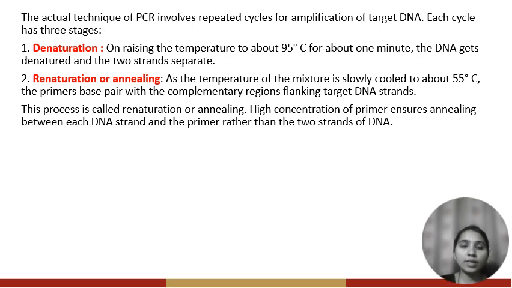In the next step, that is the renaturation or annealing, the temperature slowly cools down to 55 degrees Celsius, and the primers base pair with the complementary regions flanking the target DNA strand. So this process is called renaturation or annealing. A high concentration of primer ensures the annealing between each DNA strand and the primer rather than between the two strands of the DNA.